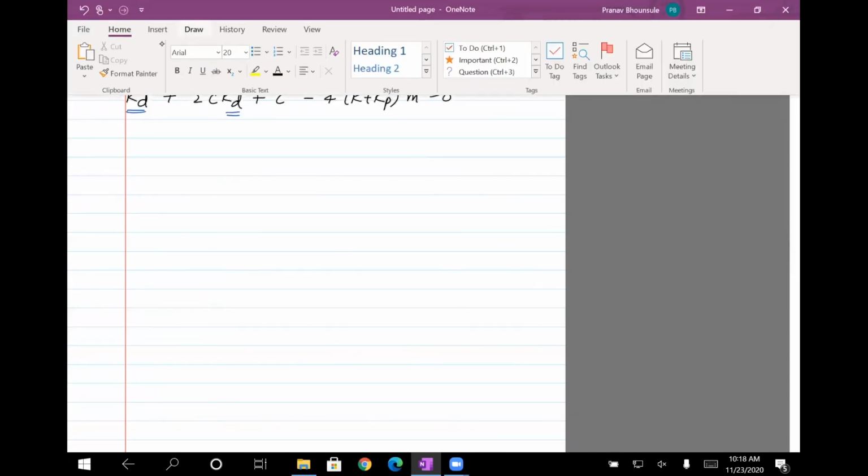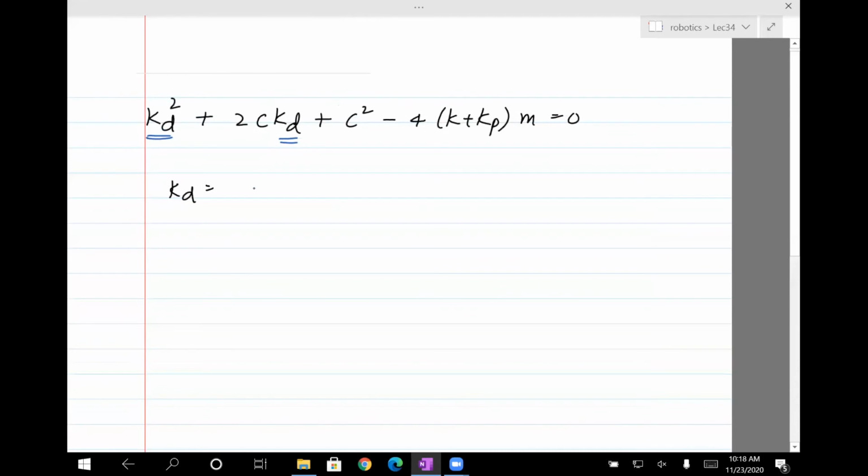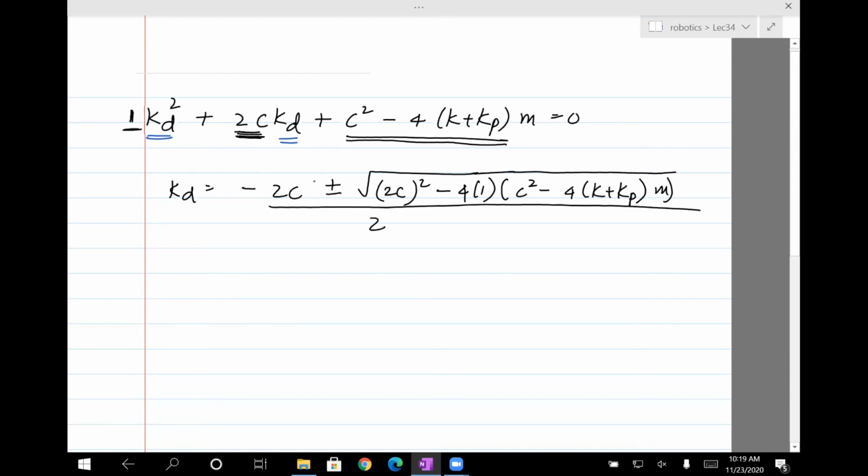The solution of a quadratic equation is Kd equals minus the linear term involving Kd, so that will be 2C, plus or minus the square root of this term, so 2C squared, minus 4 times the term which multiplies Kd squared, in this case 1, times the constant term, so C squared minus 4 times K plus Kp times M, divided by 2 times 1.